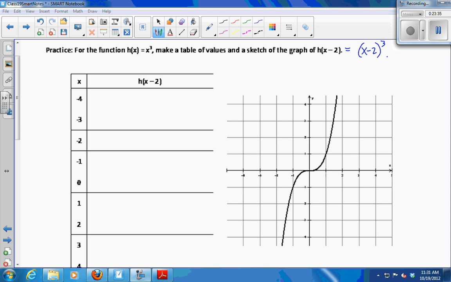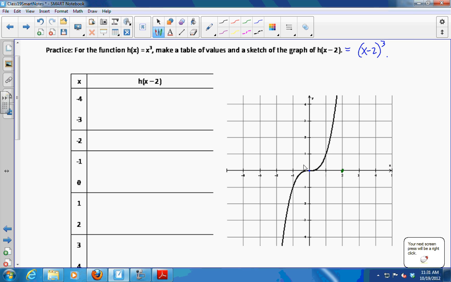So I'm just going to pick a few key points, right? Like maybe this one, move that right 2 places, and it lands there. And then maybe 1, 1. I'm going to shift that right 2 places, and it'll land here. And then I could look at this -1, -1.